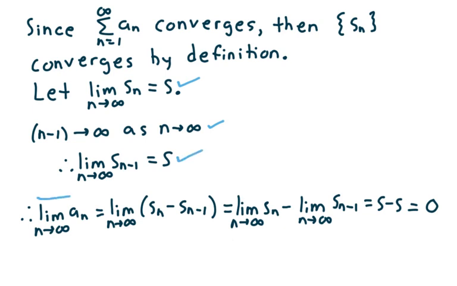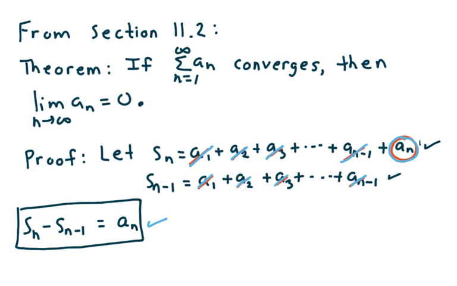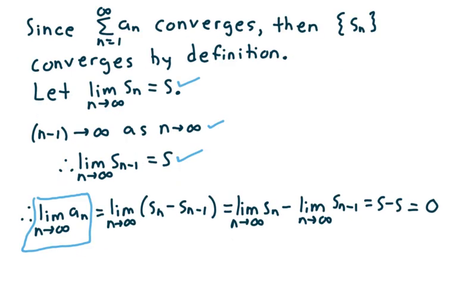Now we're ready to take a look at the limit as n goes to infinity of a sub n. Well, this is equal to the limit as n goes to infinity of s sub n minus s sub n minus 1. Why? Because look over here. We established that s sub n minus s sub n minus 1 is a sub n. So this is the limit as n goes to infinity of s sub n minus the limit as n goes to infinity of s sub n minus 1.